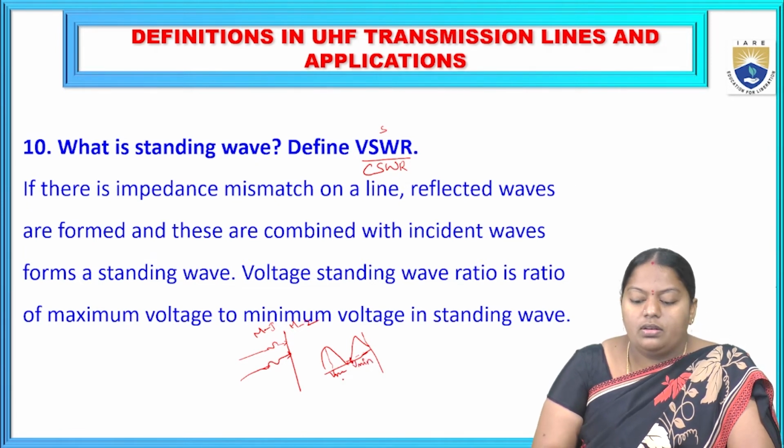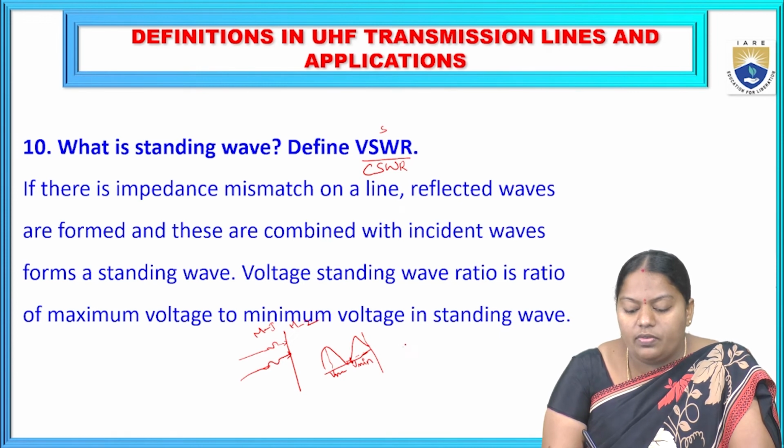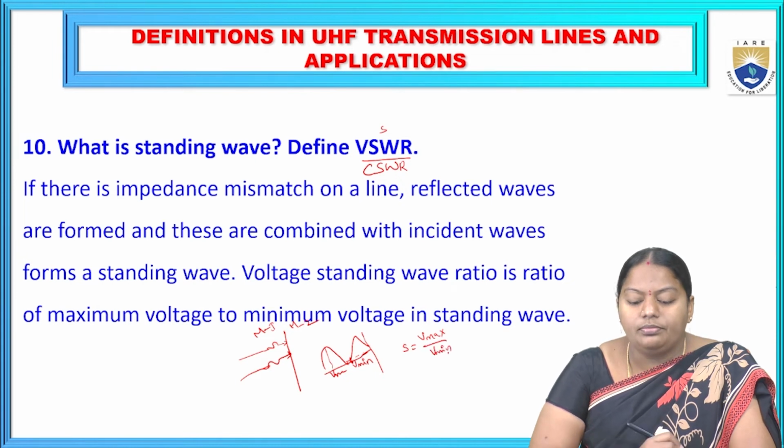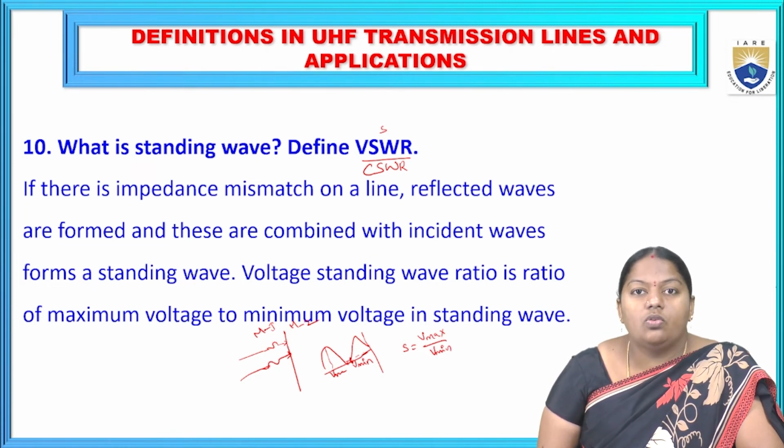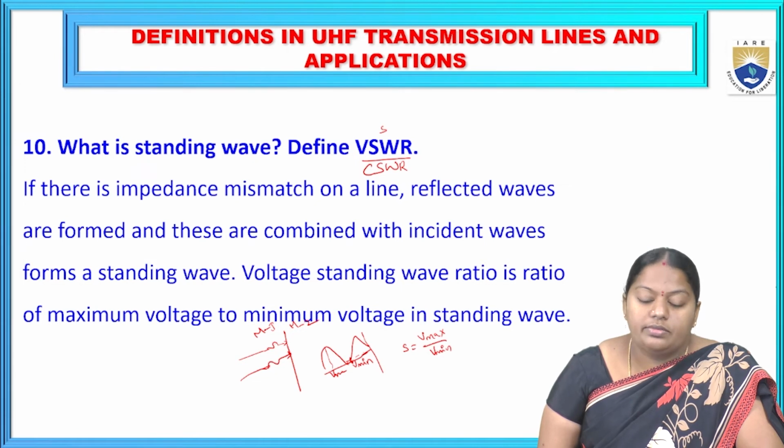Then the voltage standing wave ratio S is defined as V maximum to V minimum. So if you want to define it with respect to voltages, the standing wave ratio is said to be voltage standing wave ratio, given by the maximum of voltage to the minimum of voltage in the standing wave.